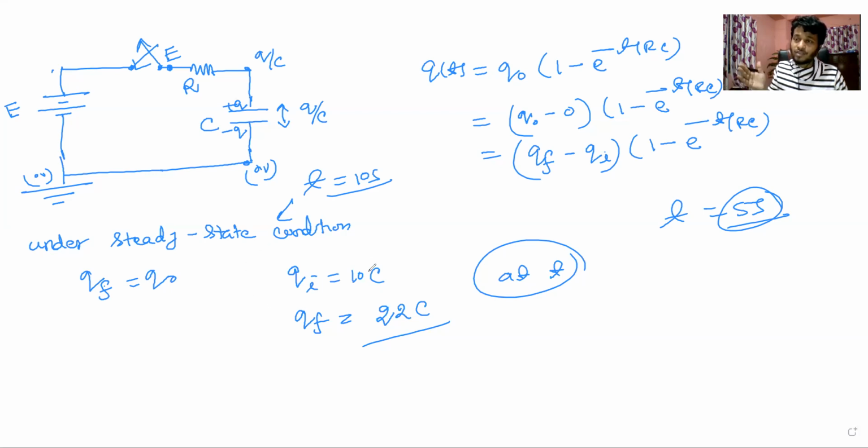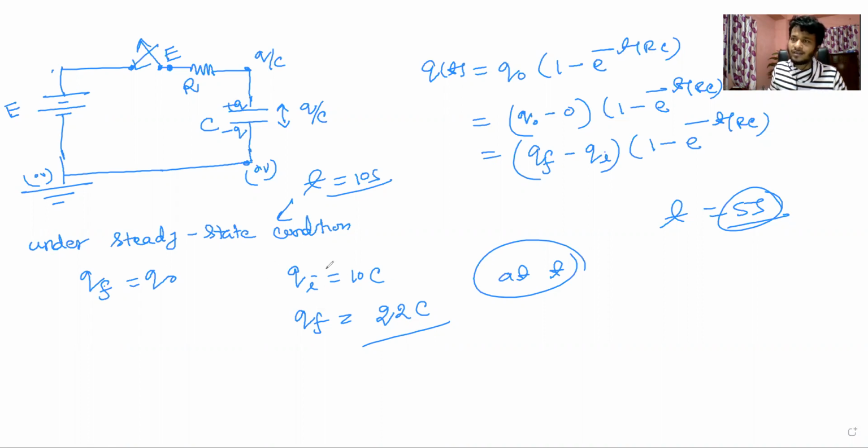Initially we have a partially charged capacitor with initial charge 10 coulomb. At a particular time t, the final charge is 22 coulomb. Over this time period, how much charge has our capacitor gained? 12 coulomb. This is simply the difference, QF minus QI.